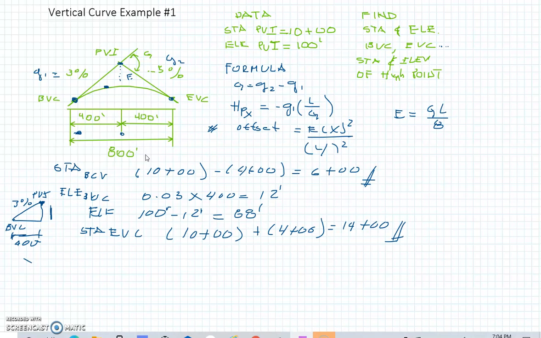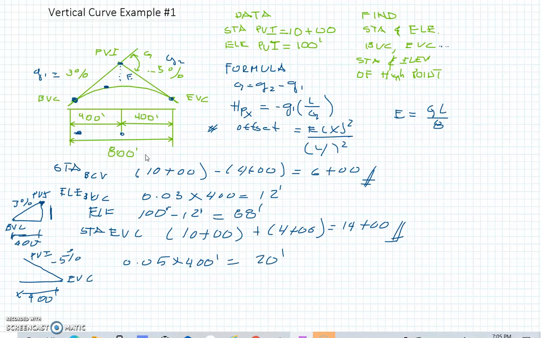The elevation. Now I have a triangle over here. This is the end of the vertical curve, this is the PVI. This is 5%, and this is 400. So I multiply 0.05 times 400, and that gives me 20 feet.